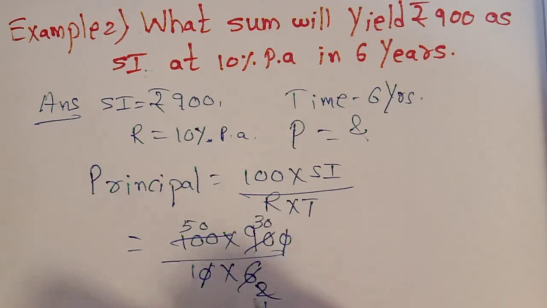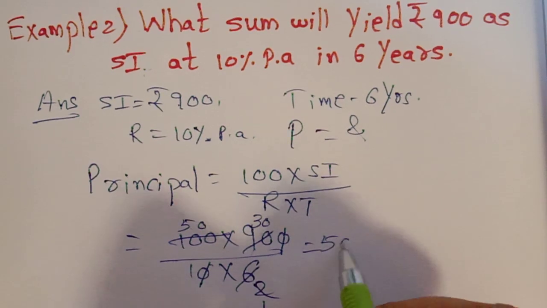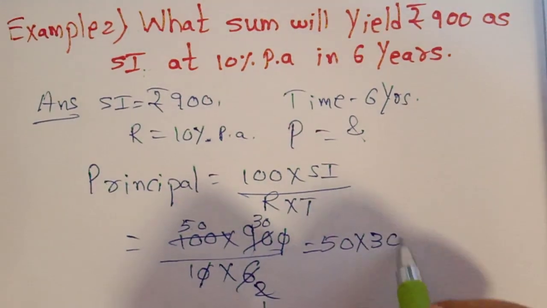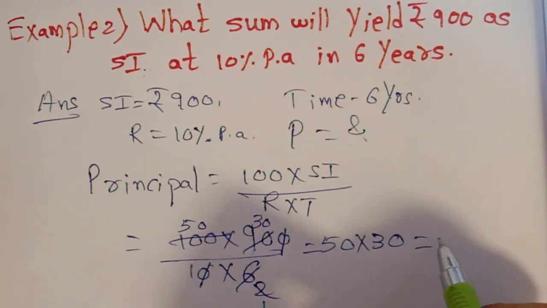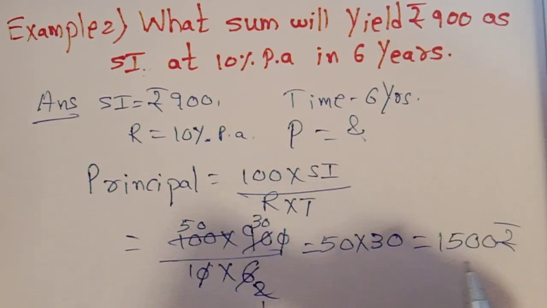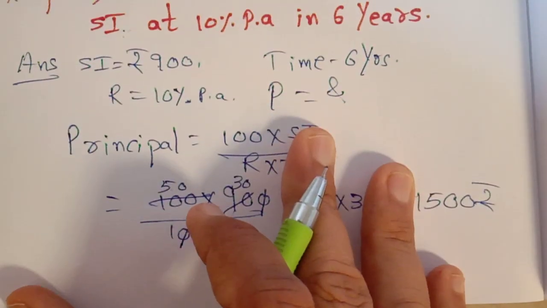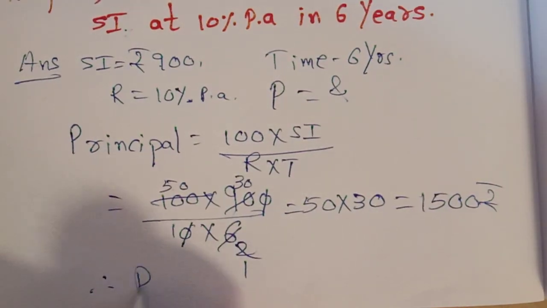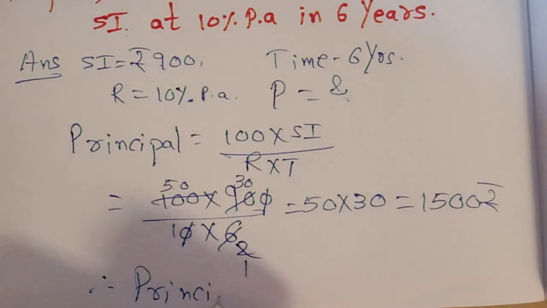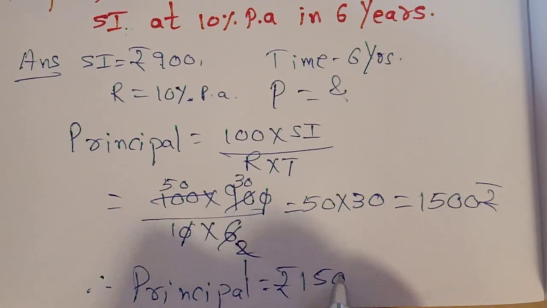Now how much is remaining here? Down nothing is there, and in the numerator 50 and 30 are remaining. If you multiply 50 into 30, how much will you get? 1500 rupees. So therefore, the last step we write: principal equals rupees 1500.